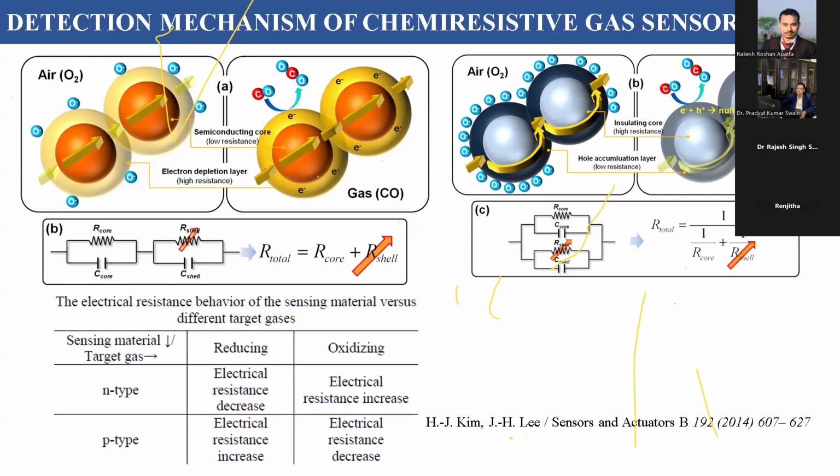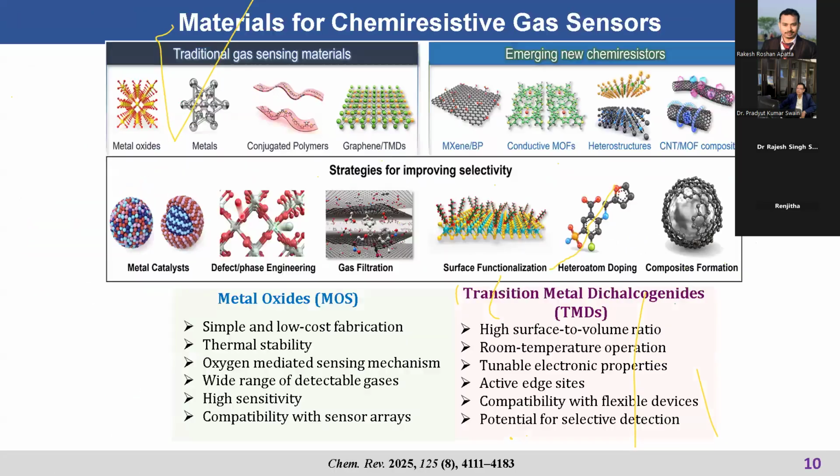Sir, again, Sankhamitra is asking how nanostructuring like nanowires and nanosheets improves gas absorption and sensor performance. This is related to what I have already shown you. We can study different configurations, where people can take 2D sheets or nanowires.